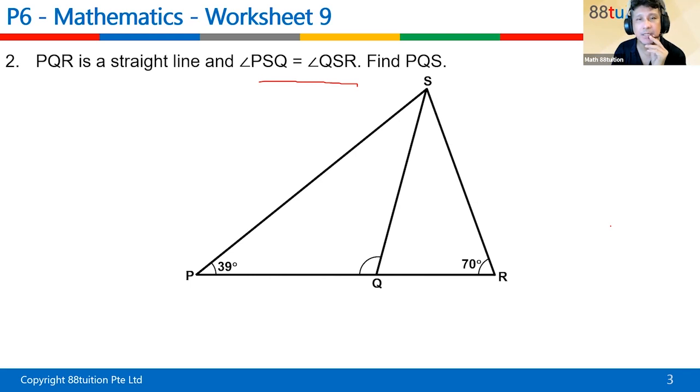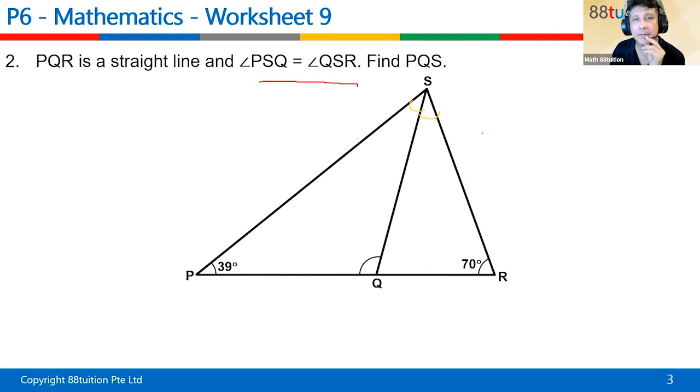PSQ is supposed to be equal to QSR. So you saw Kaiser actually marking the two angles over there. They are supposed to have the same value.